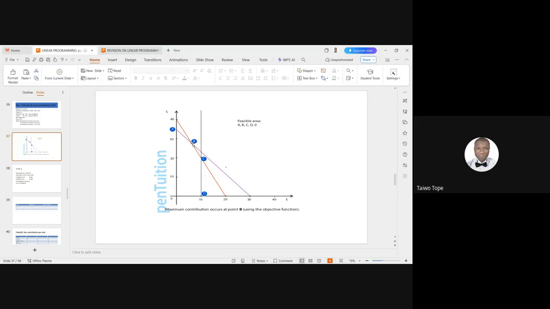This point here, this point B. And that is why we solve using equations. Point D is not an equation per se, it is a defined variable. This D, this demand, is defined already.